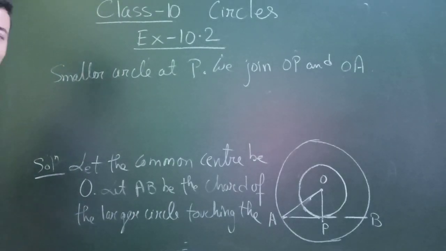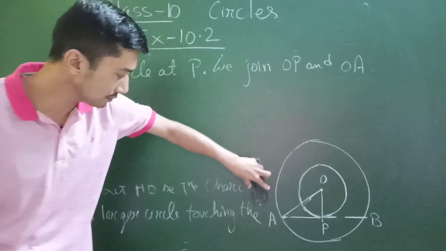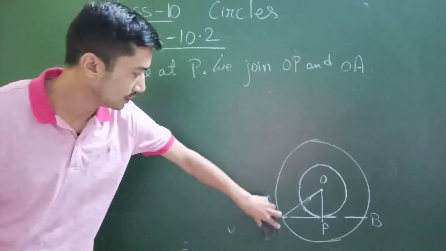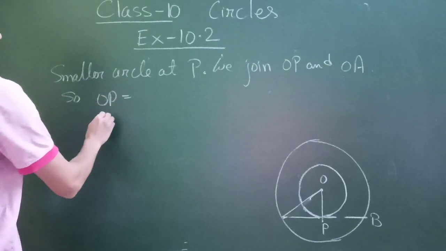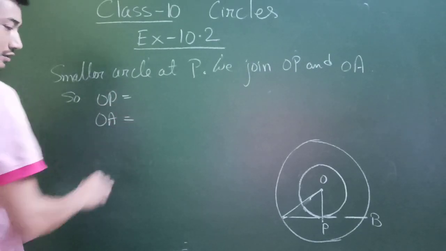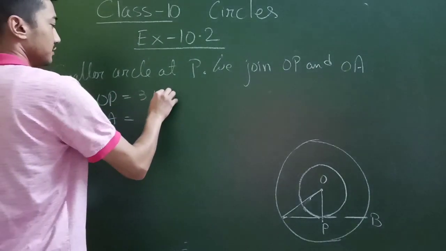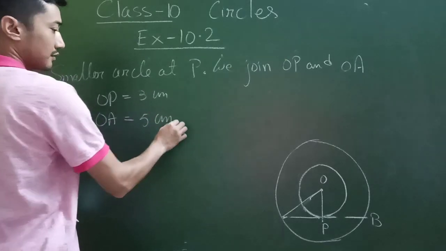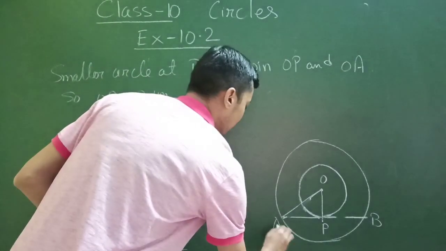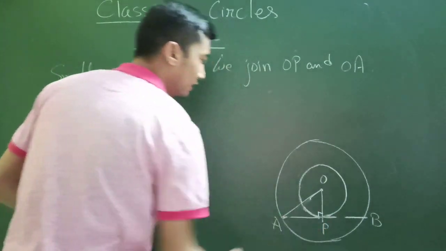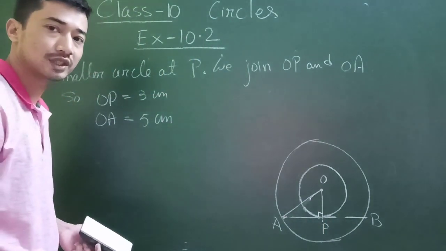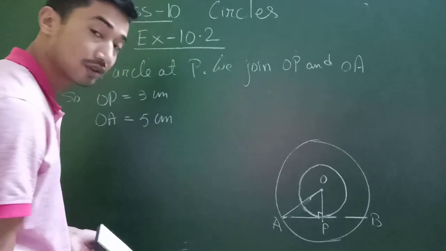Done? You can pause the video and write on the notes or rub it off. So, OP of course becomes the radius of the smaller circle, OA becomes the radius of the bigger circle. So to find out AP, isn't it? So now this one we know is 90 degrees, since we're already doing now I think the 4th video on this circle, so I guess you already know the theorems.